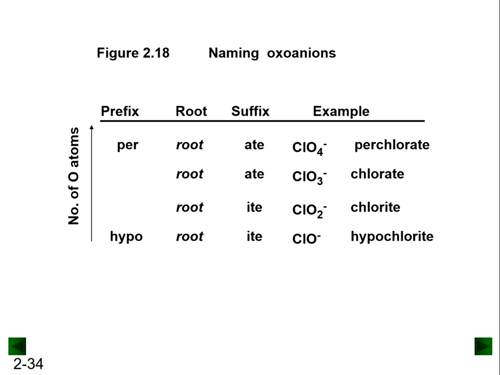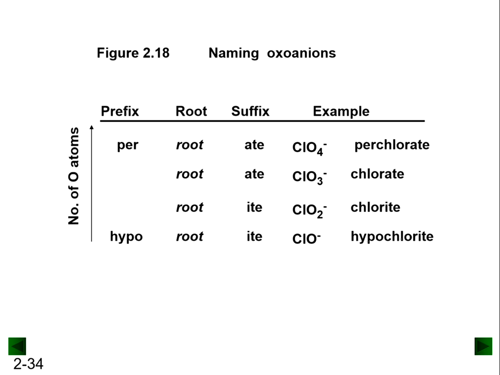The way these are named is you take the root name for the central atom, the non-oxygen atom, and that's your root. And you simply identify the number of oxygen atoms based on this table with either an -ate or -ite suffix, and in certain cases you'll add per- or hypo- as a prefix.